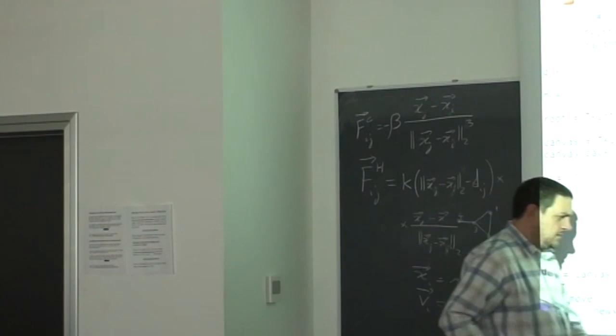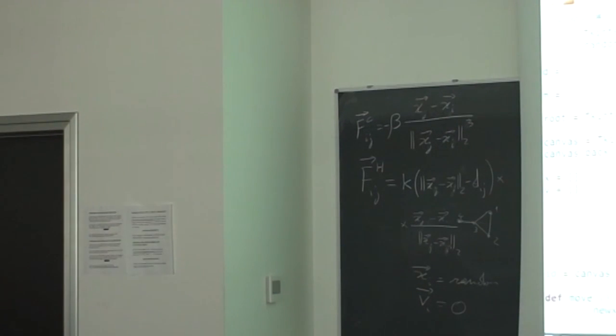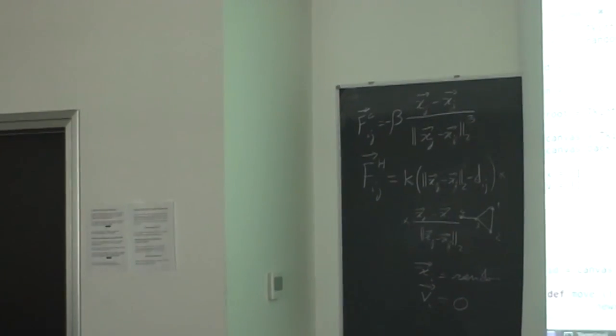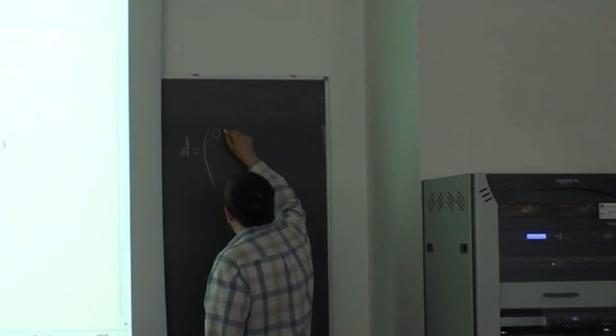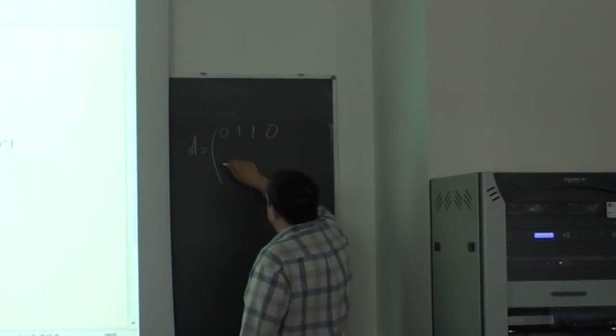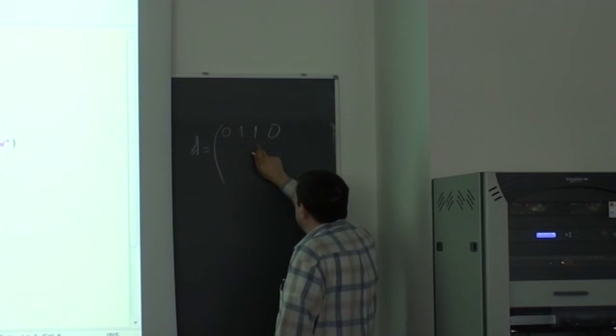In this case, the distance matrix should be 0, 1, 1, 0, because point 1 is connected to points 2 and 3.